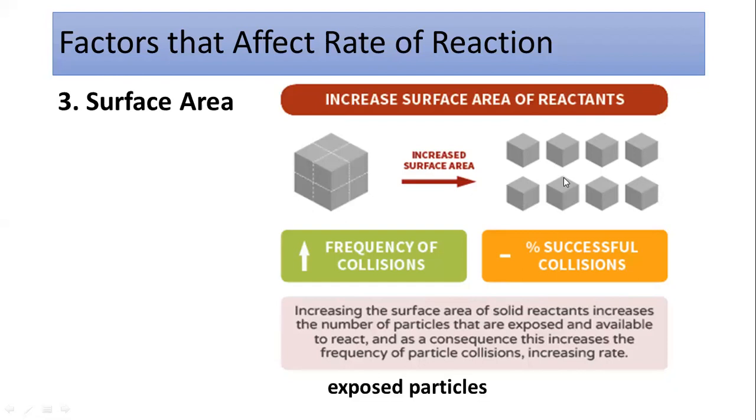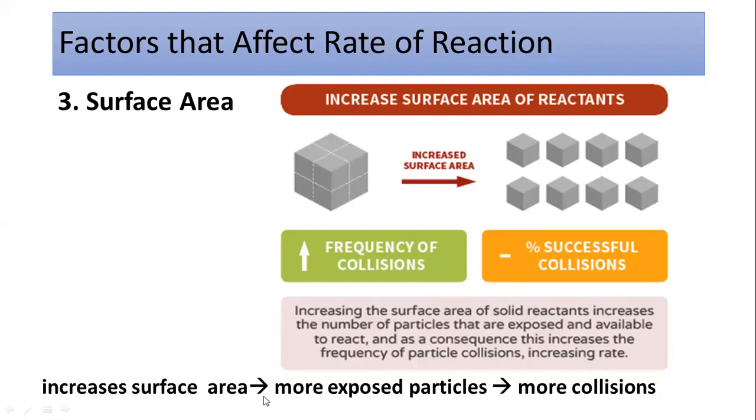So in conclusion, by increasing the surface area, you have exposed more particles. So there will be more collisions. And if there are more collisions, there will be a higher rate of the reaction. So the rate of the reaction is directly proportional to the surface area.